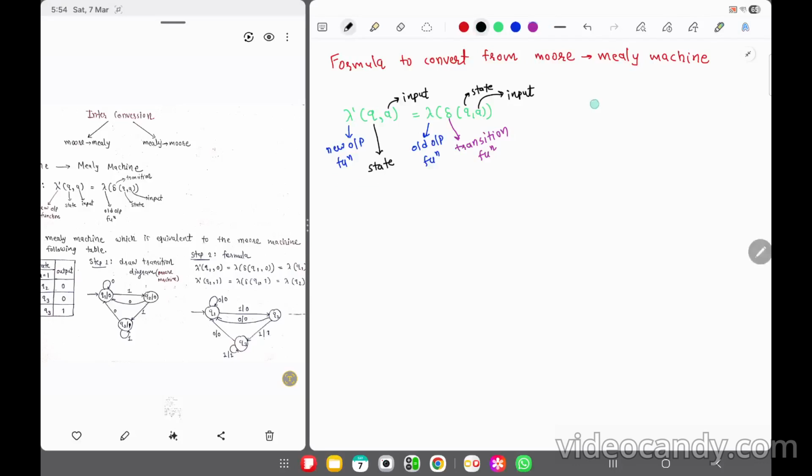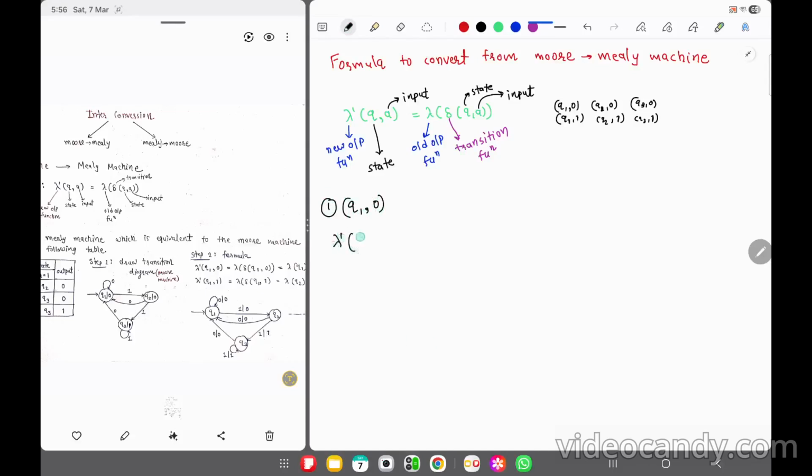That means Q1 0, Q1 1, Q2 0, Q2 1, Q3 0, and Q3 1. Now first for the Q1 state and input 0.